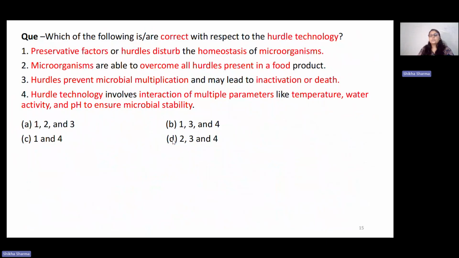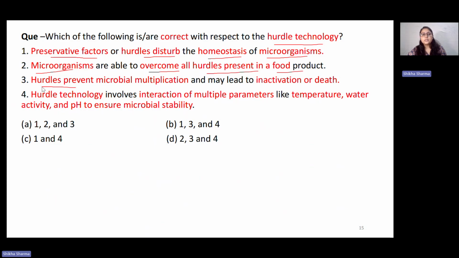Okay, let's discuss now the hurdle technology concept. Which of the following is or are correct with respect to hurdle technology? We have four statements. Preservative factors or hurdles disturb the homeostasis of the microorganism. Second, the microorganisms are able to overcome all the hurdles present in a food product.